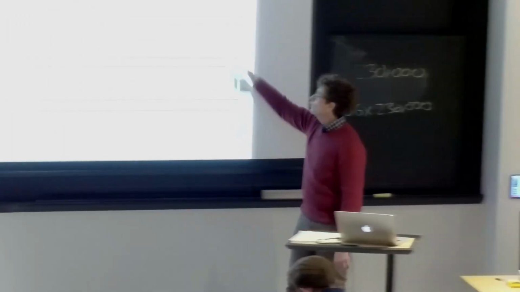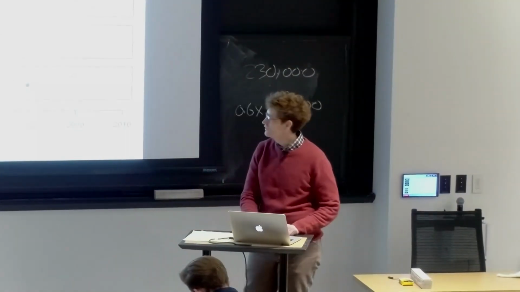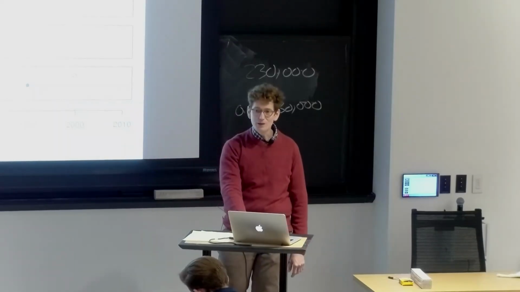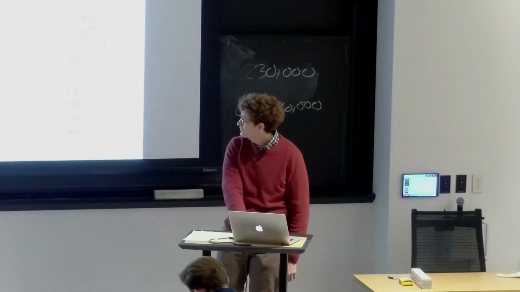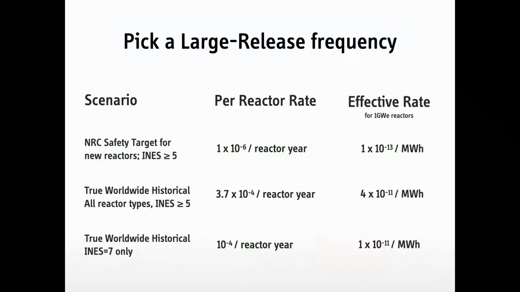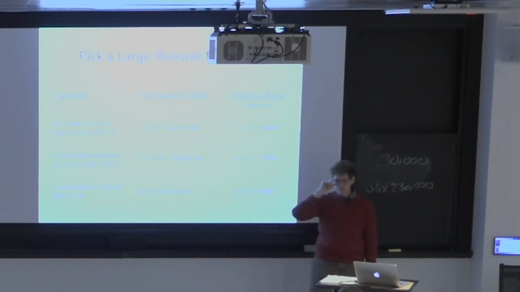Tiny. Only these big things beyond design basis matter. So my suggestion is we just ignore all these other accidents. They don't matter. The only things that matter are the beyond design basis accidents. And so we'll take only the INES 7 rate as our accident rate, and we'll ignore all these others. And that is 10 to the minus 4 per reactor year.